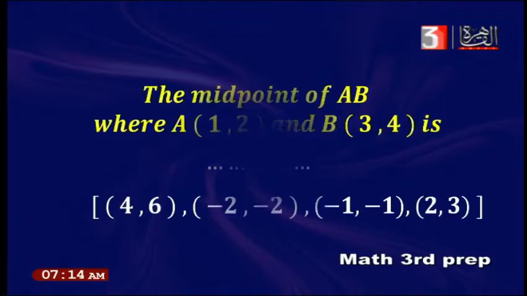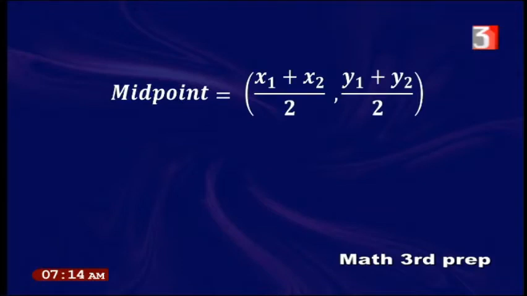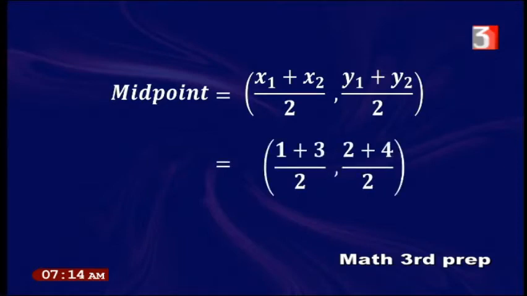Yes, midpoint equals (x1 plus x2) over 2 and (y1 plus y2) over 2 in an ordered pair. So by substituting, it is (1 plus 3) over 2 and (2 plus 4) over 2. So you are going to obtain a result as (2, 3), which is the first one.